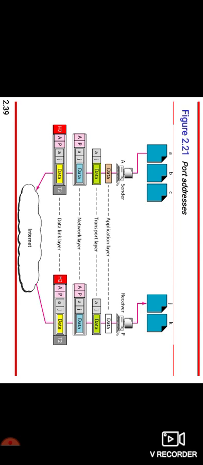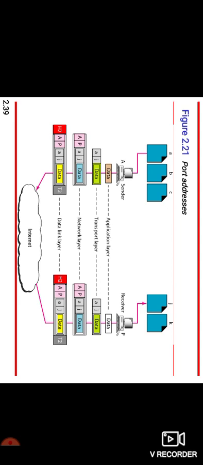So the physical address works on the same network. We can use the physical address from one source to destination within it. If you are transferring data over the internet, since it contains different types of networks, the physical address is not sufficient. So here we are using a universally acceptable logical address in order to identify the source and the destination.